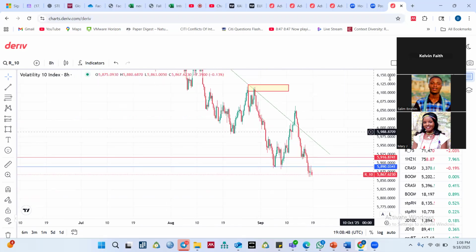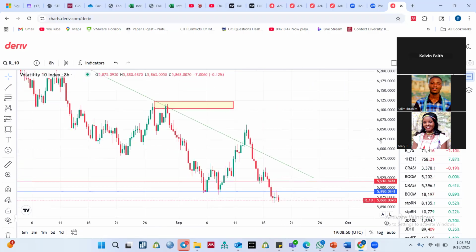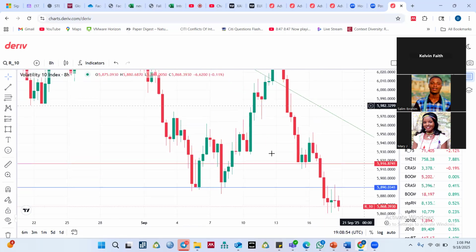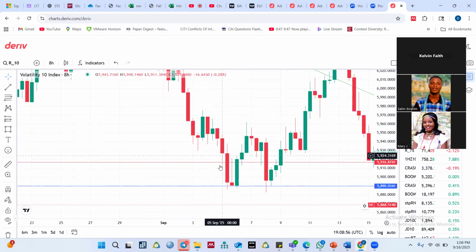And how will price tell us that? It should give us an indication. What type of indication? The only effective indication is that there should be a body close below that red line.